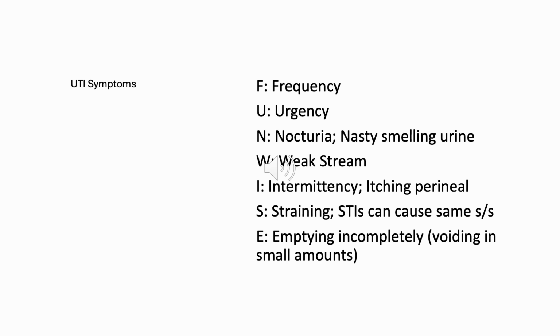An itchy perineal area is another symptom they may have. They may strain, and some STIs can cause the same signs and symptoms, just FYI. And then emptying incompletely, so voiding in small amounts is also a symptom of a UTI.